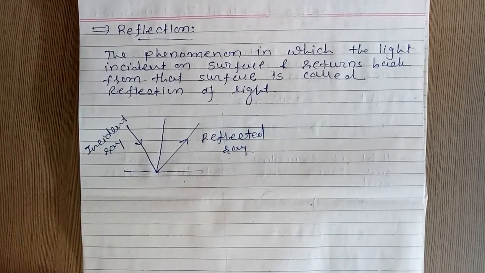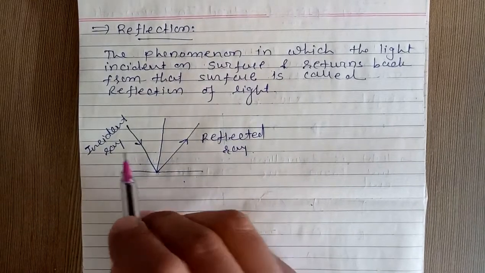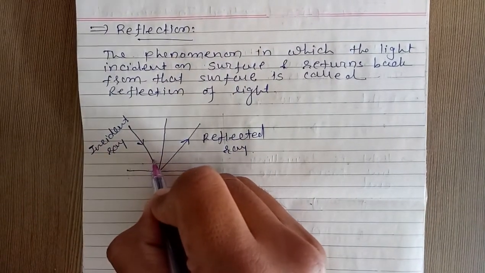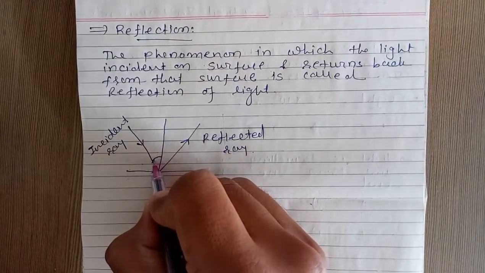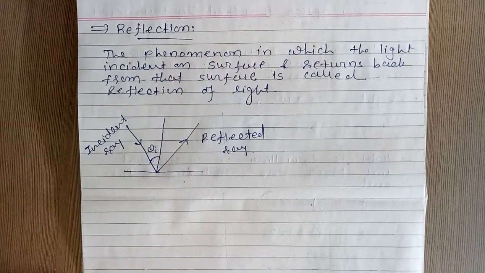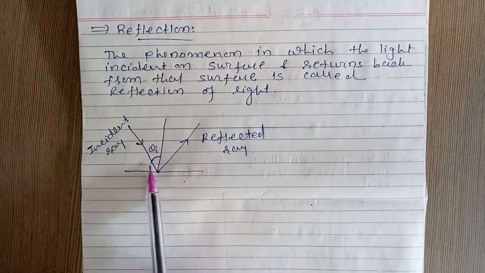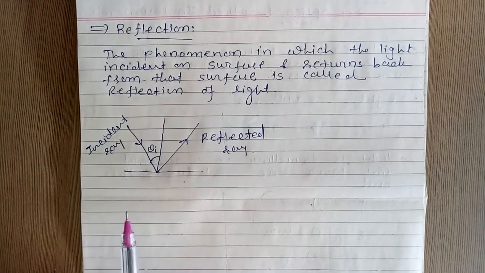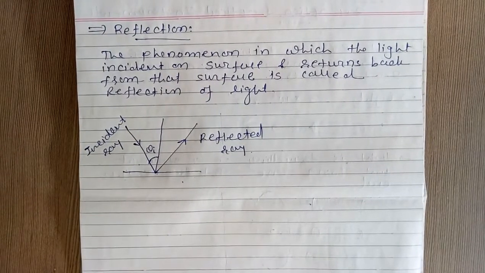Here the angle between the incident ray and the normal to the surface, we write as theta I.